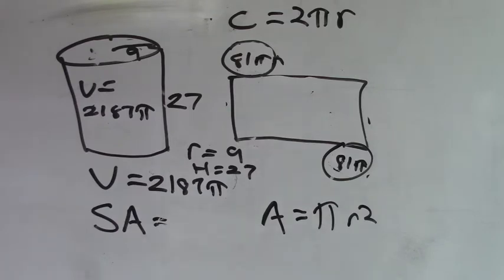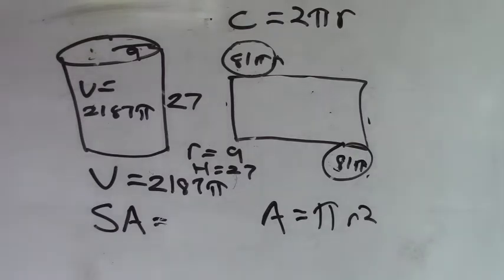This part. What's my circumference? Your circumference is 2 pi r. So what's my circumference? I know that r is 9, so what is it? Your circumference is not 81.